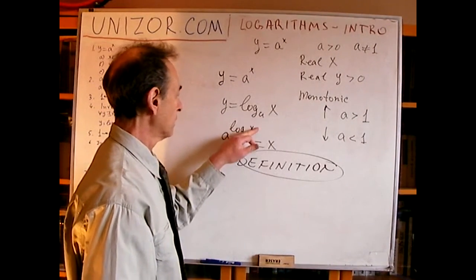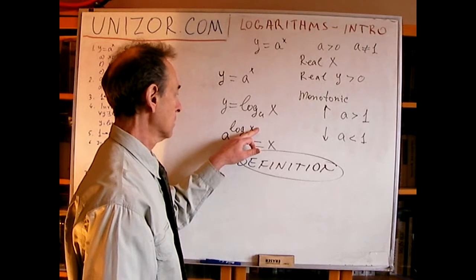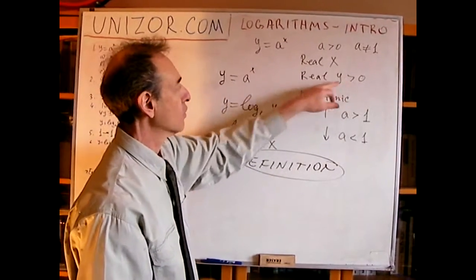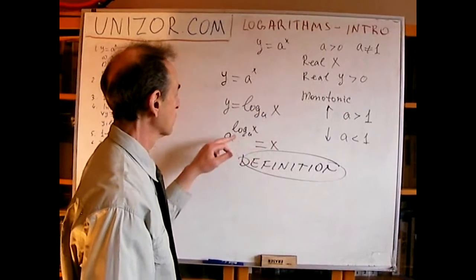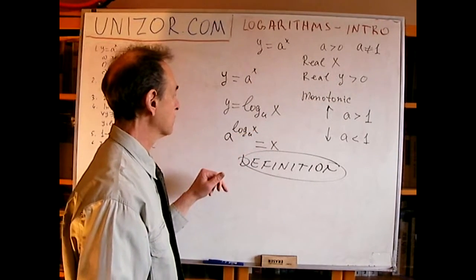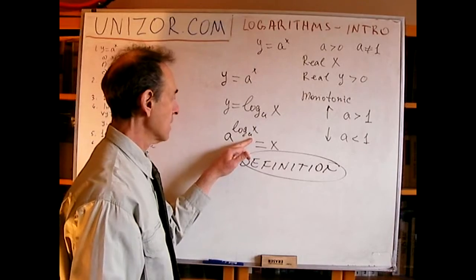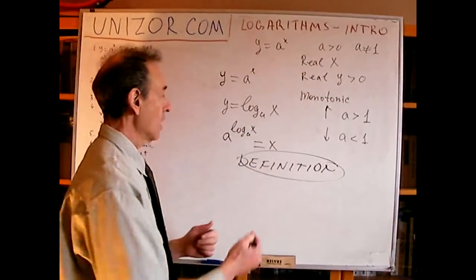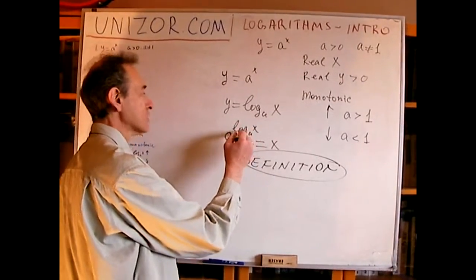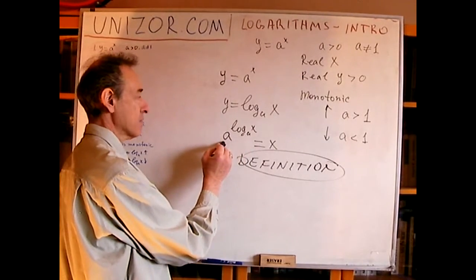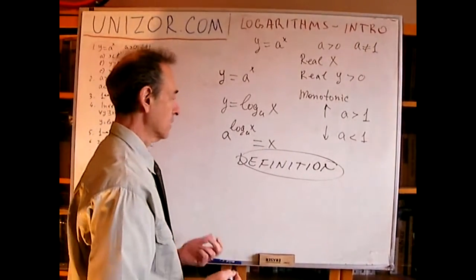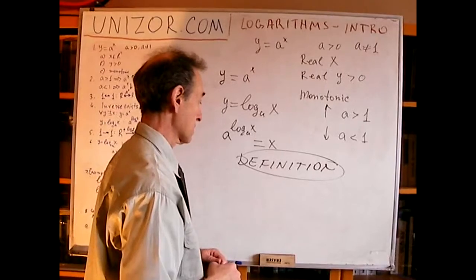The logarithm of some value x, which should be positive since we're talking about the range of this function, base a, is a value which if used as an exponent with the base a will give x.